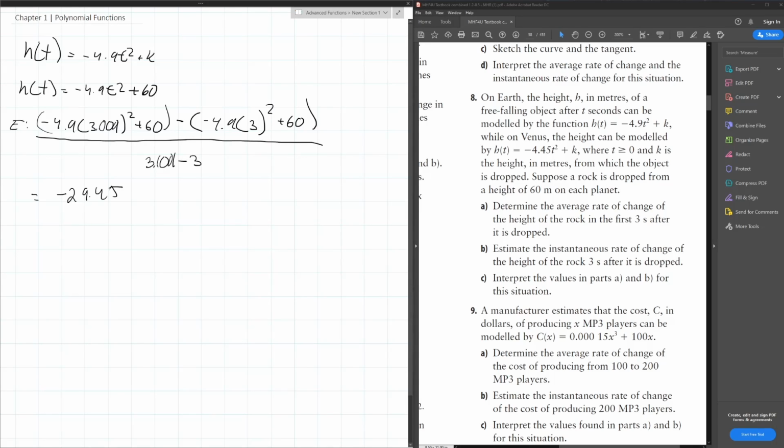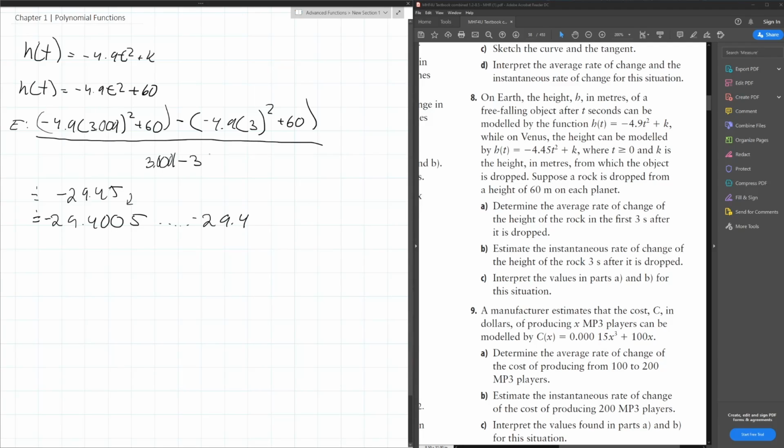If we use 3 zeros, then we would get the value of negative 2.94005. As you can see, our values are getting very close to negative 2.94. That is the instantaneous rate of change.